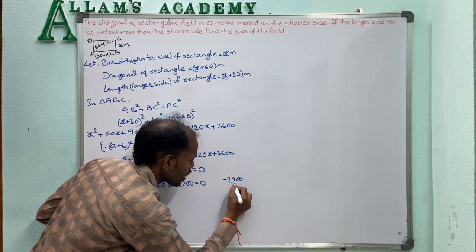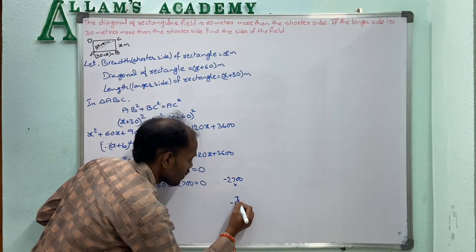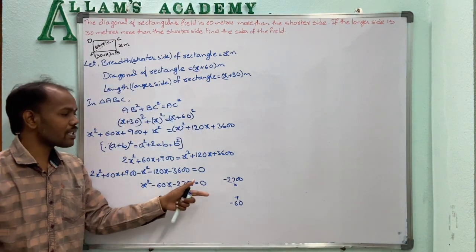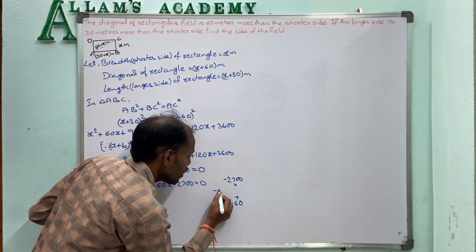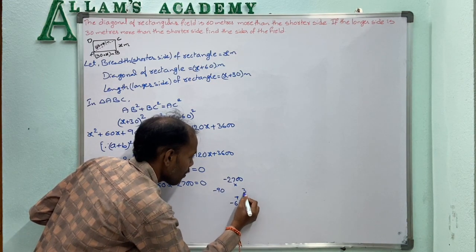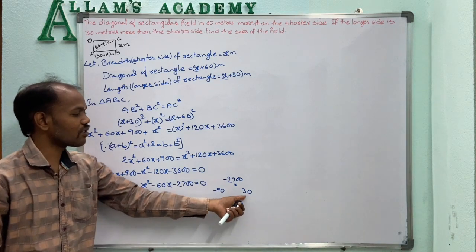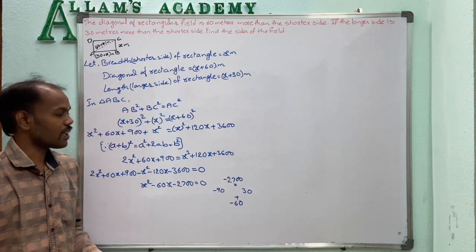That means we need two numbers whose product is minus 2700 and whose sum is minus 60. If we take the two numbers minus 90 and plus 30, minus 90 plus 30 is minus 60, and minus 90 into 30 is minus 2700.